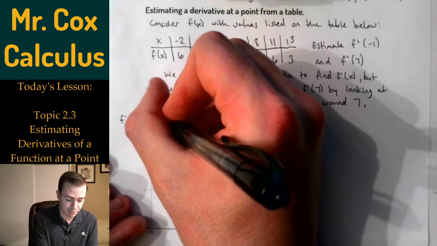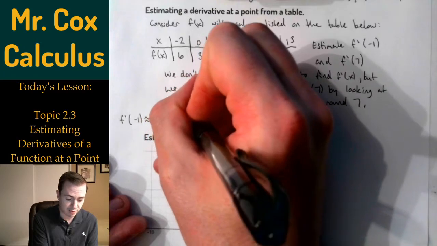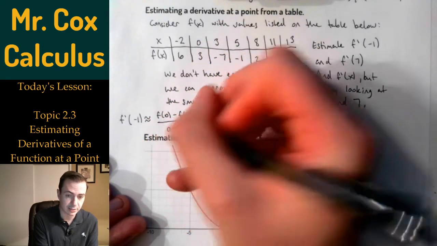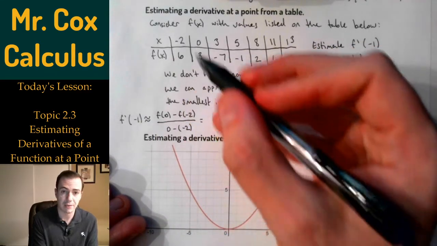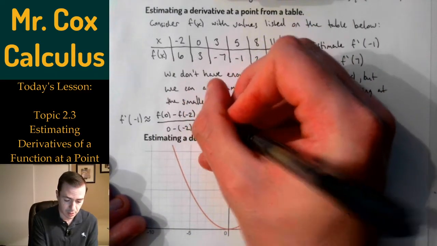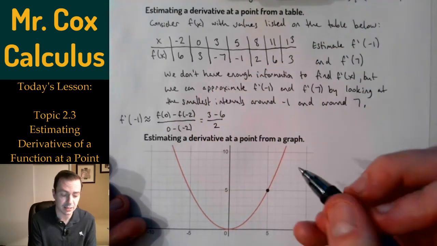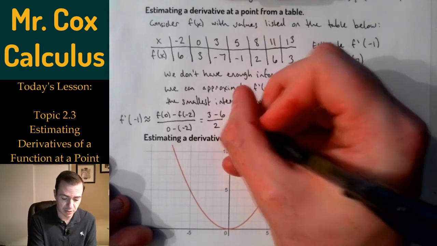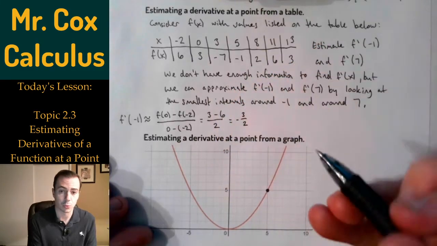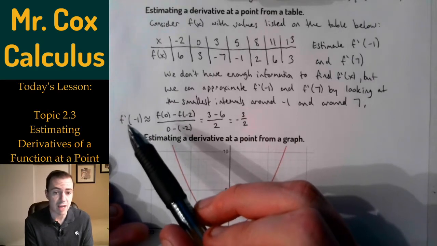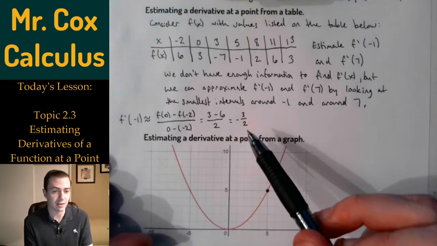This is going to be f of 0 minus f of -2 all over 0 minus -2. Well, f of 0 is 3, f of -2 is 6, that denominator is positive 2, and so this comes out to be -3/2. And so the best estimation that we have for f prime of -1 is -3/2.